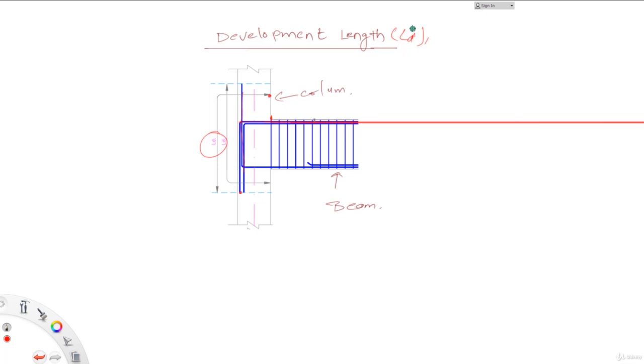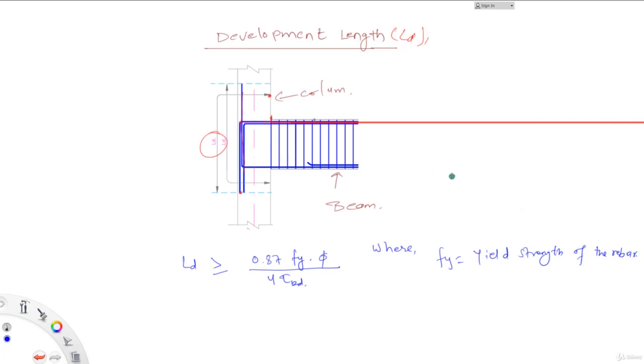The next thing that we must know is how to calculate the development length. The development length is given by the following formula, and it says that the development length LD must be greater than or equal to, so it shouldn't be less than, but it can be greater than, 0.87 Fy times phi divided by 4 times tau Bd. Fy is equal to the yield strength of the rebar.